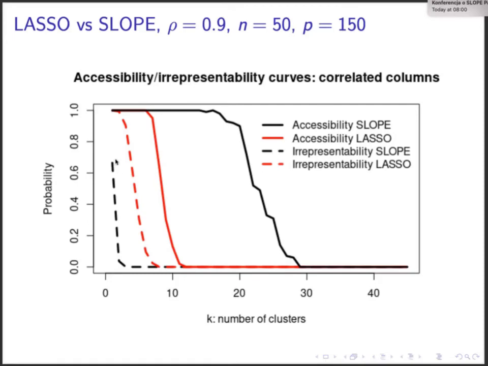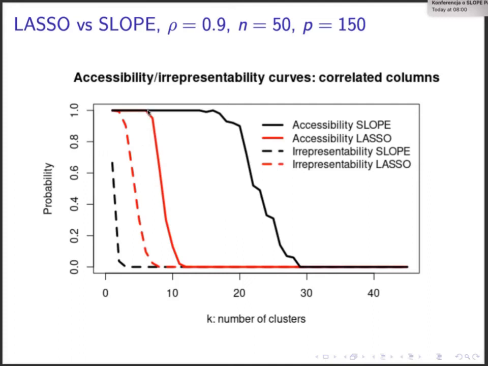And you can see that it is not so easy for slope to find exactly the pattern, okay? The red line shows also that it is not so easy for lasso to identify the support. This curve for slope is below the curve for lasso because we want much more. We don't want only to identify the support, we also want to identify the pattern.